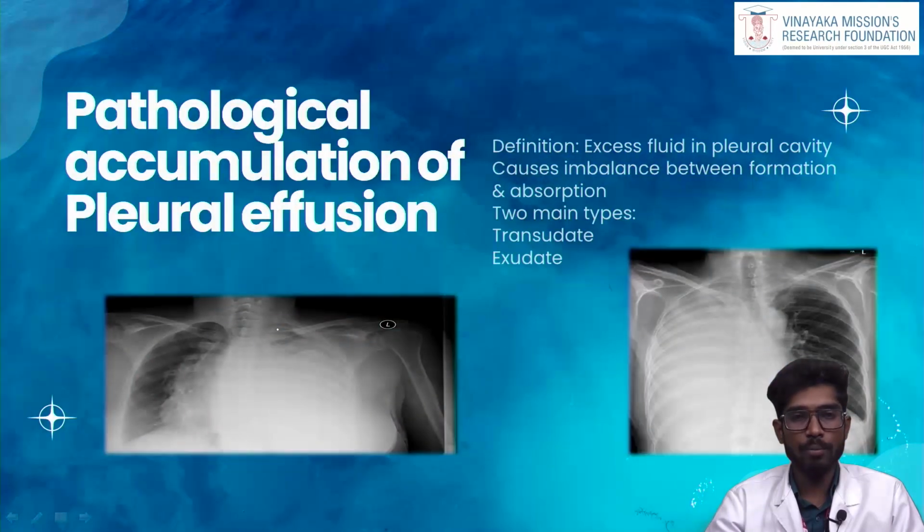When we go to pleural effusions, they can be defined as both pathological and anatomical conditions. Pathologically, the excess fluid in the pleural cavity is known as pleural effusion, which causes an imbalance between formation and absorption. What is formation and absorption? Formation is nothing but the gas exchange between the capillaries and the alveoli.